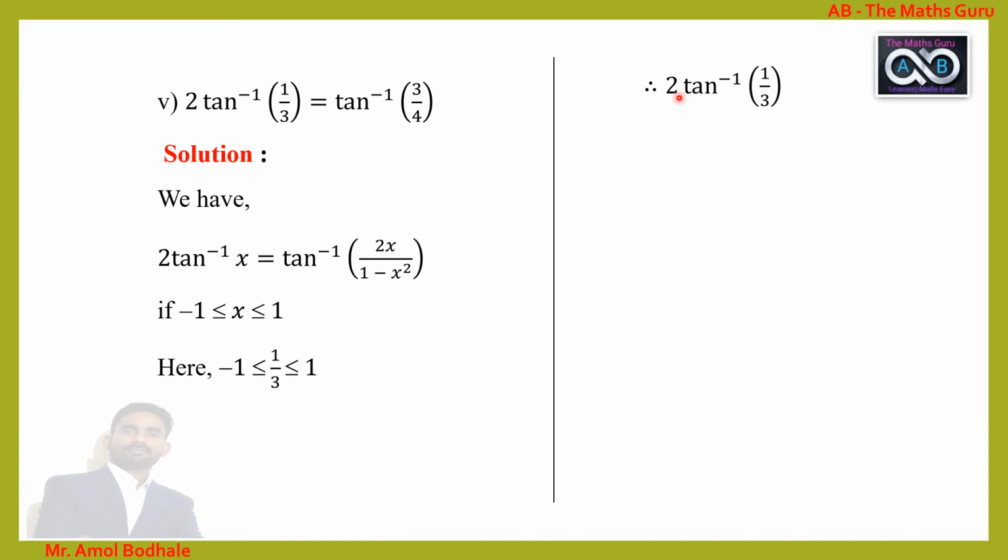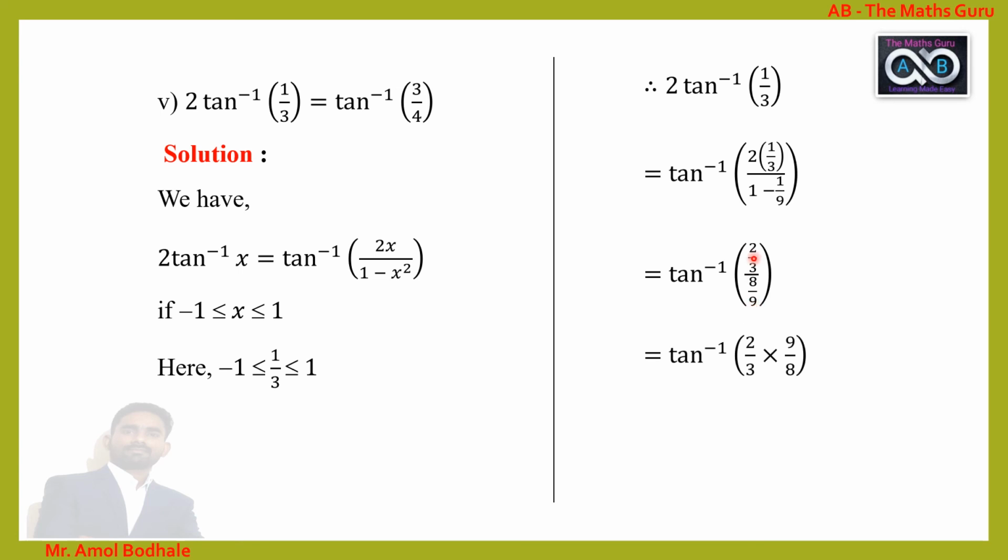Therefore 2 times tan inverse of 1 by 3 can be written as tan inverse of 2 times 1 by 3 upon 1 minus x square, which is 1 by 3 square, 1 by 9. So 2 into 1 by 3 is 2 by 3, and if we solve 1 minus 1 by 9, we will get 8 by 9.